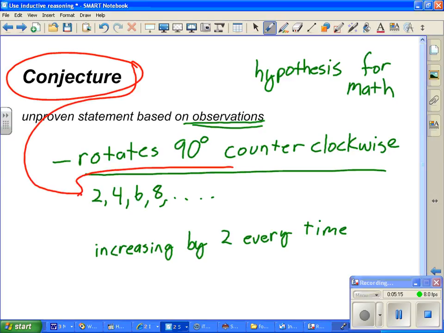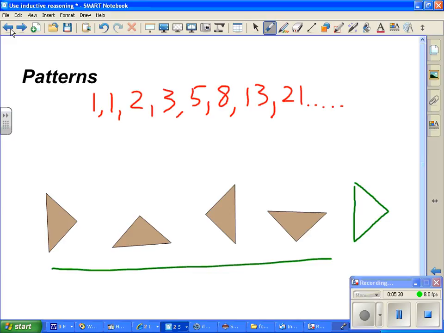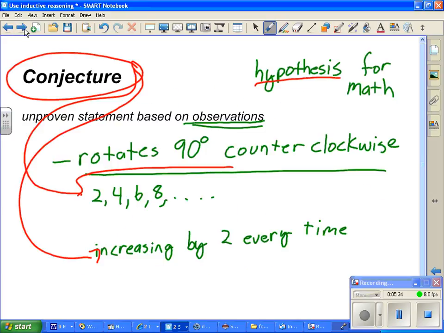Rotates 90 degrees counterclockwise every time. Increases by 2 every time. 2, 4, 6, 8. A conjecture, hypothesis, but we've already made some observations. We've already seen what the triangles do here. We've seen the numbers, we know what they do, and we're just telling you what is happening. So it's basically the hypothesis after you've done the research.